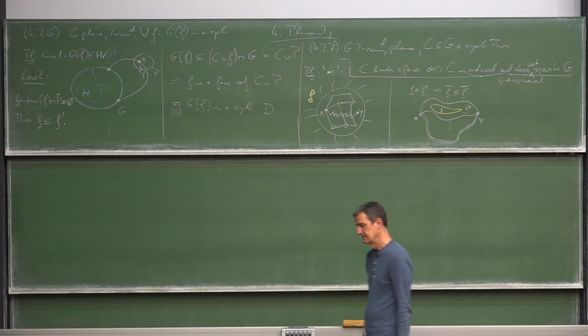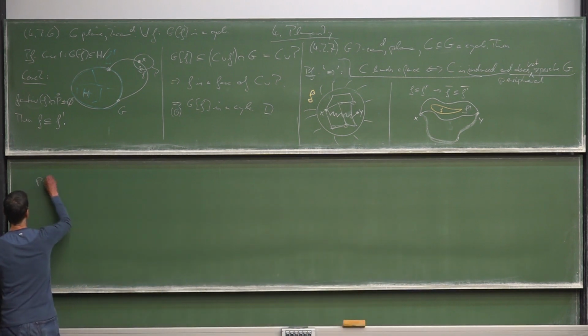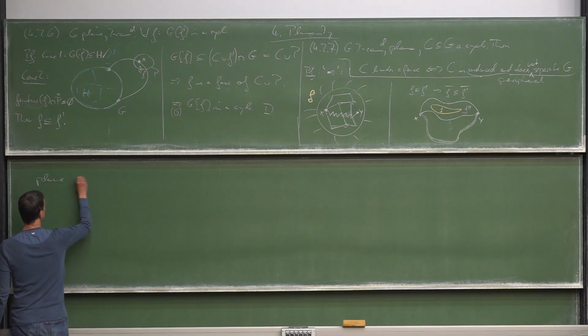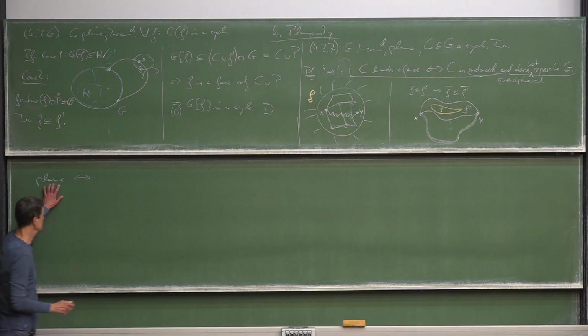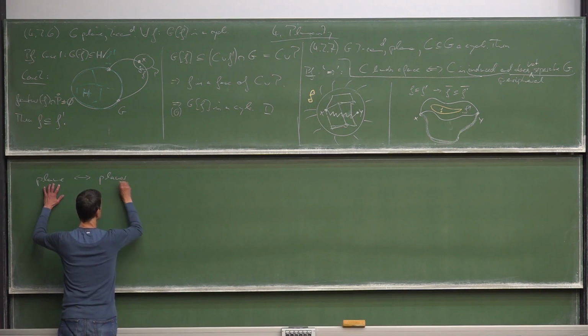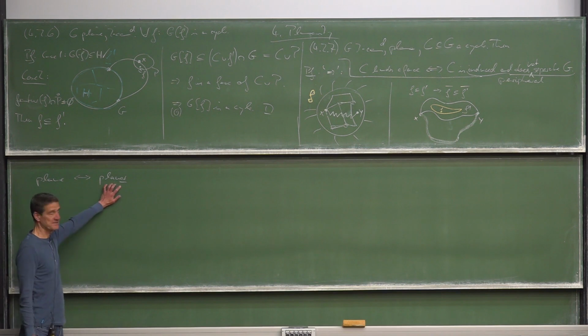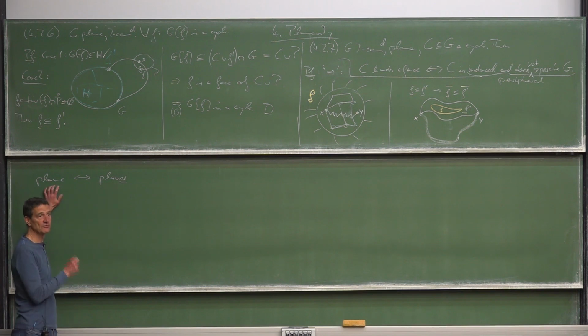Similarly, a graph is planar. So we have plane graphs, these objects that I defined last time, and we have something called planar graphs, which I haven't defined yet. That's an attribute of abstract graphs. So plane graphs give rise to graphs, in our sense. Those graphs that occur here are called planar.